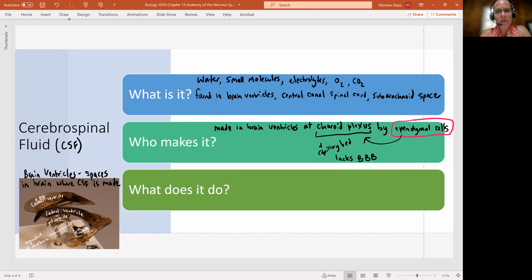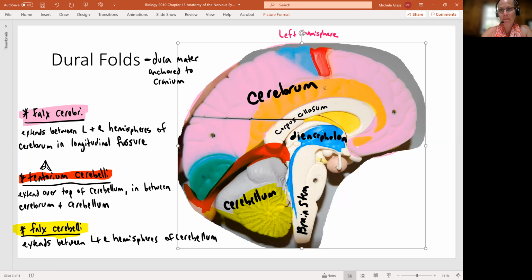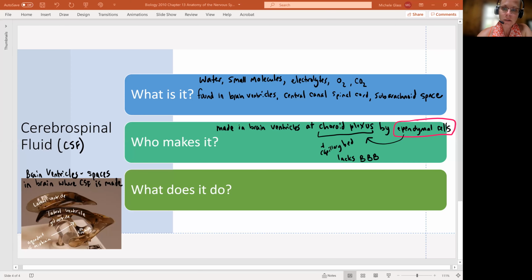And it's the job of these ependymal cells to make and then circulate, so keep it moving, the CSF. We see that it circulates within and around the CNS.